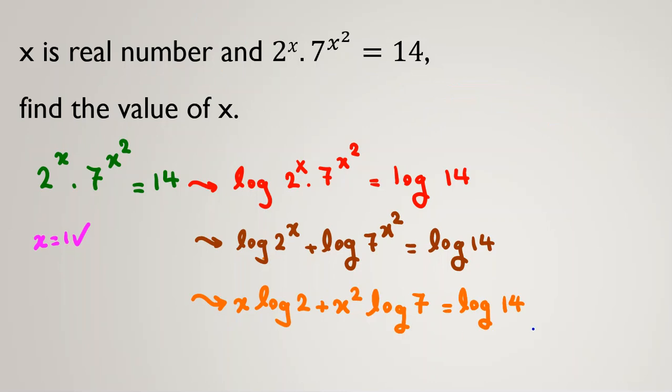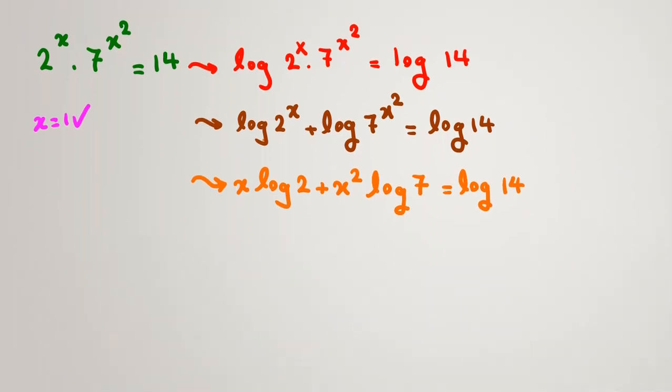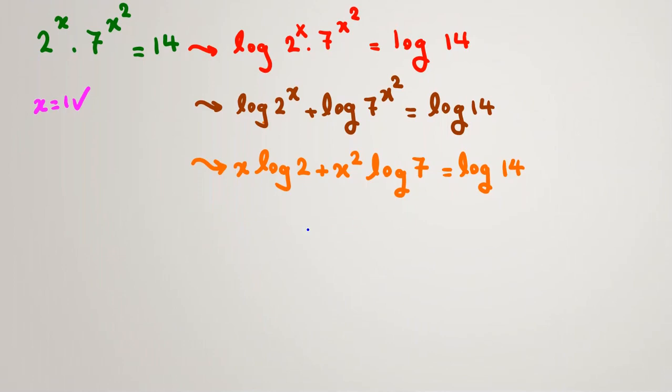So here, it is a quadratic equation in terms of x. We can solve this by factorizing or we can use the quadratic formula. If you want to use factorizing, one factor is x minus 1. For finding the next factor, comment below this video. So one way is you can solve it that way.